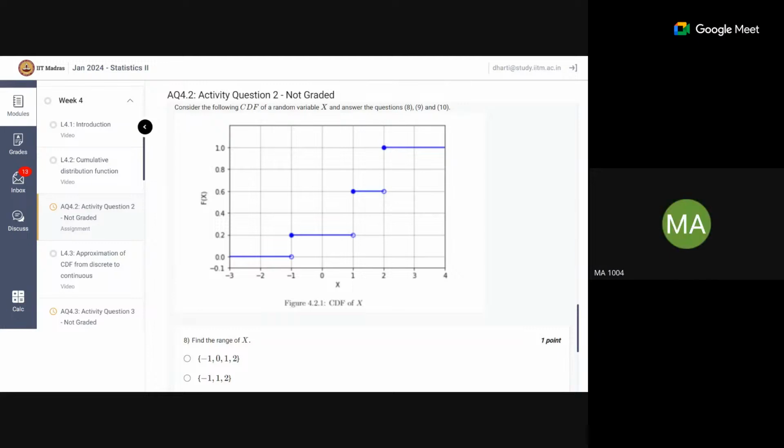Because there is no jump. But when we calculate for x equal to 1, I understand that 0.4 is coming. But if we calculate with the formula, like if you go up, ma'am, just one question, the same like there.